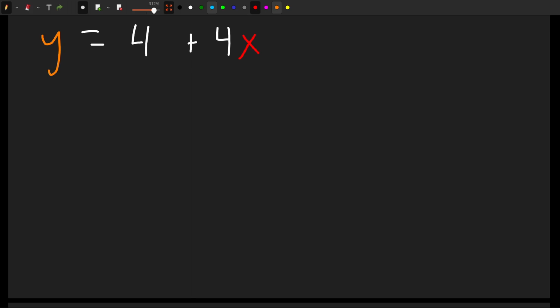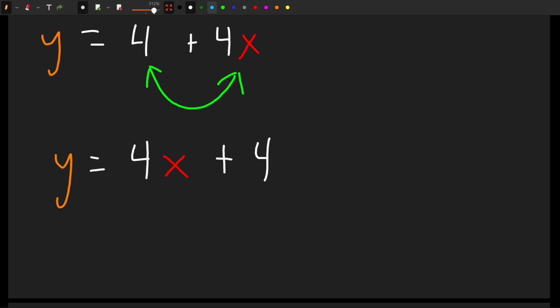So in order to get into slope-intercept form, all we have to do is just switch these two values. And so if I rewrite it again, I'm going to get y is equal to 4x plus 4. Yep. Use my t-chart.